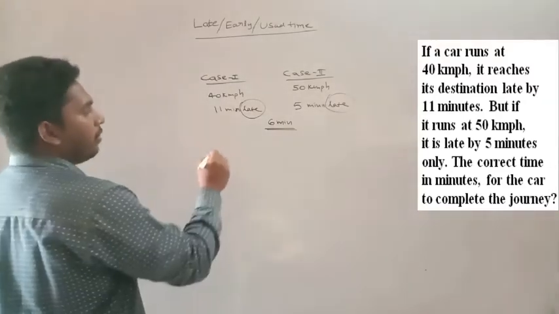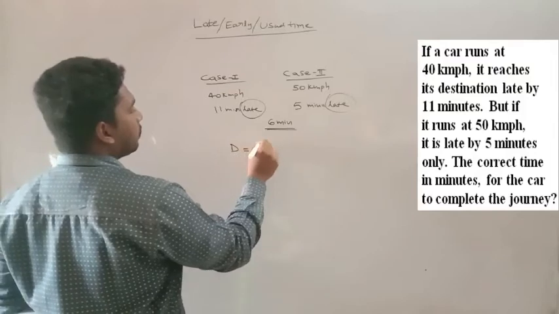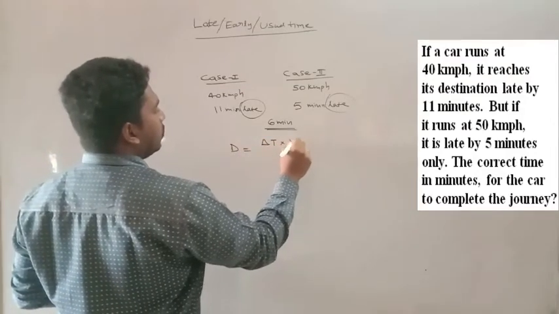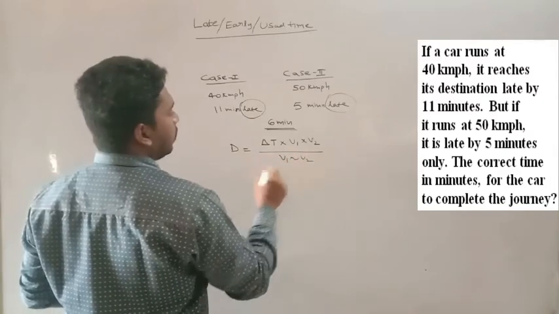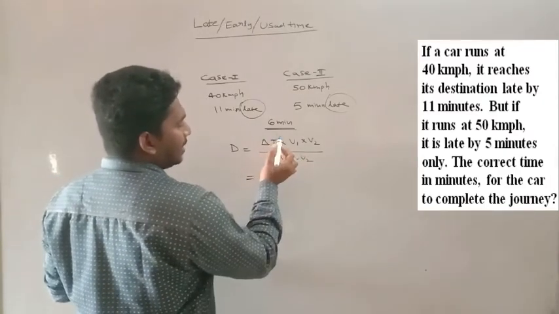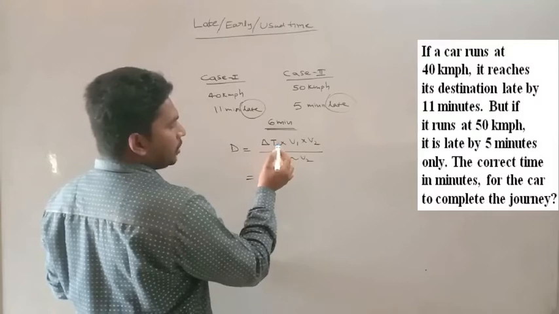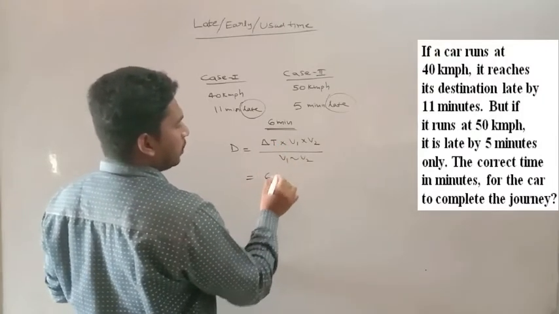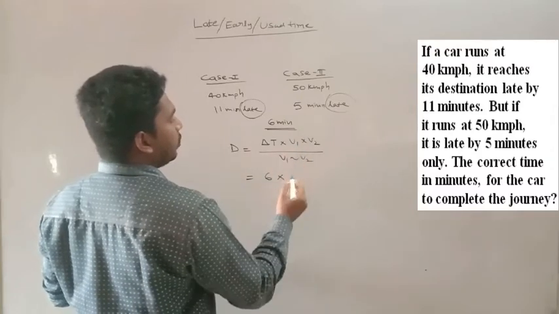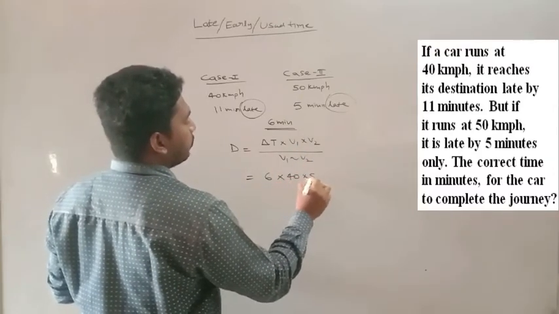Okay, so we have a formula for distance, that is delta t into v1 into v2 by v1 minus v2. So delta t is 6 minutes, which is to be written in hours, right? So 6 by 60, into v1 v2, that is one is 40, one is 50.